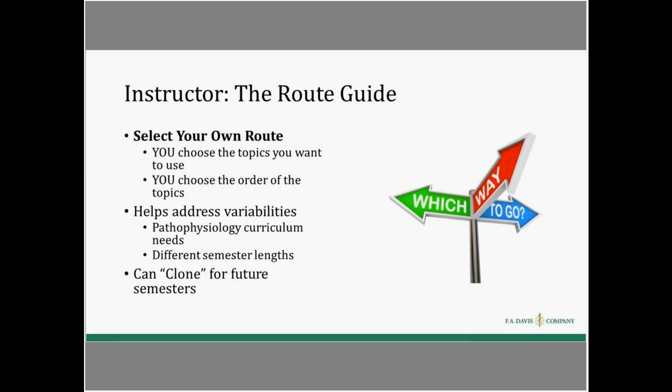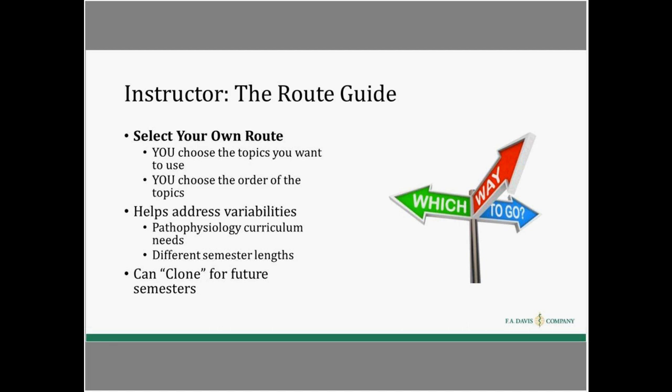When I was looking around for a pathophysiology component, I saw so many different versions as far as what chapters began the textbooks, which chapters were emphasized, and so on. This is the nature of the beast, if you will. Different instructors have a different approach to pathophysiology. The great thing about Davis Advantage is you get to choose your topics, and then you also get to choose the order of your topics. So it can be very relevant to how you want to teach. And this helps address some of the variabilities.